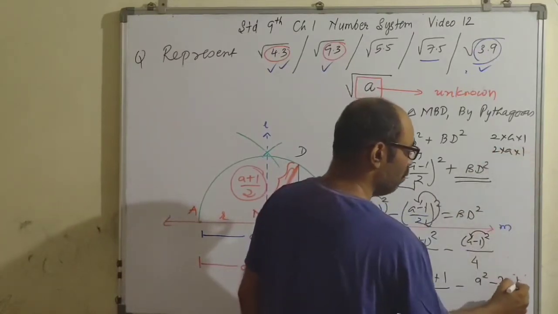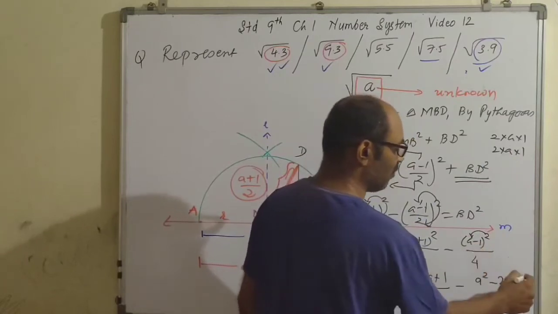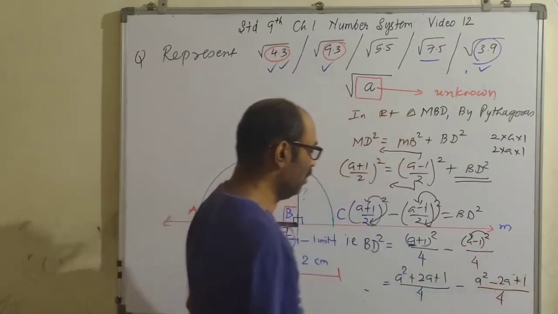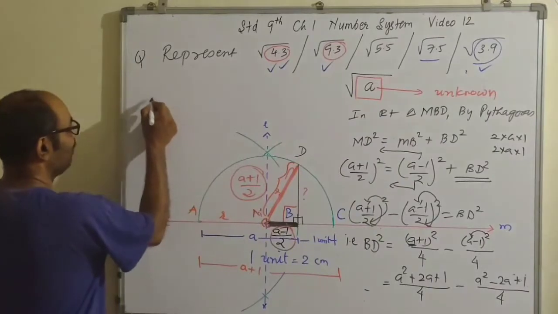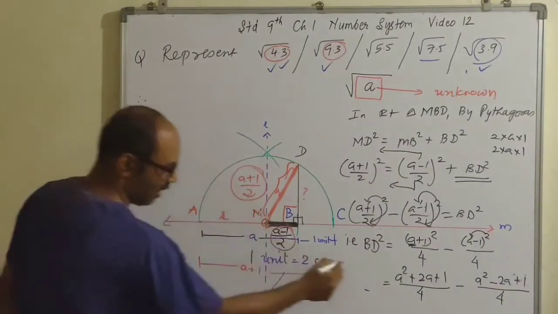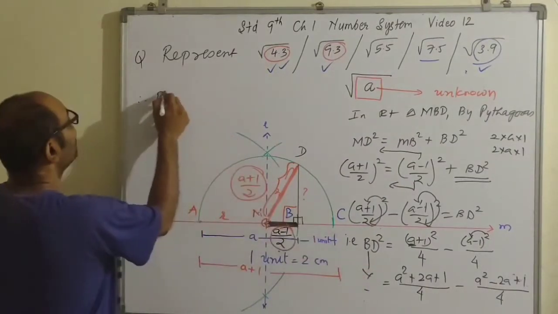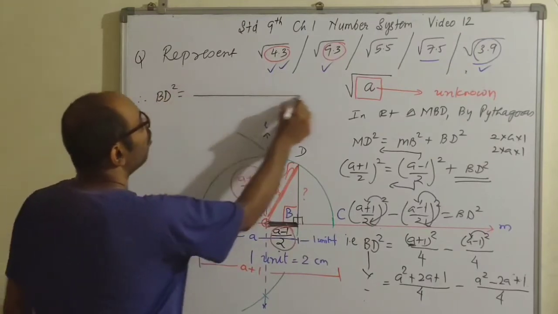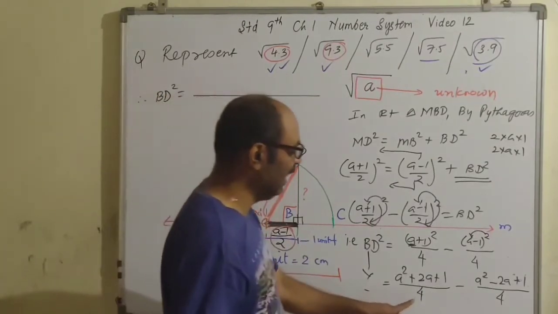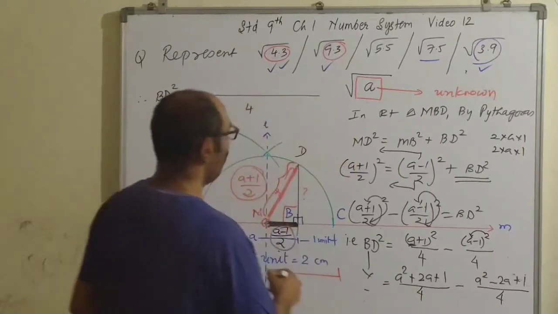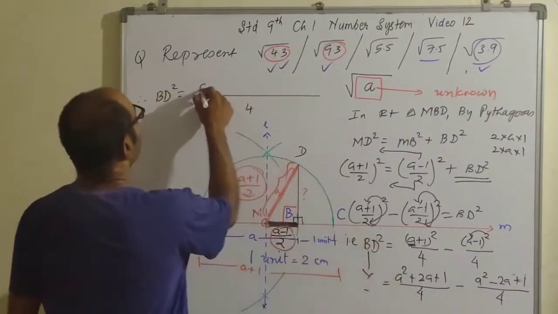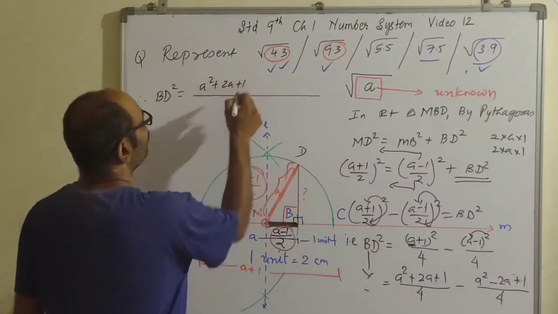So that is 2A plus second term square 1 square is 1, whole upon 4. चलिए therefore क्या है BD square is equal to whole upon 4. Lucky we have like denominators. Whole upon 4. बोलिए A square plus 2A plus 1.